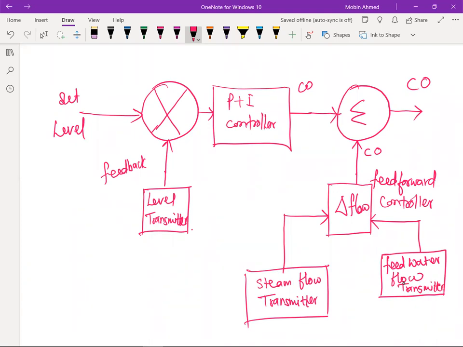Now, whenever the flow of this, we will say Fs is steam, and here we are going to say Fw, that is the water. So if Fs is supposed to be equal to Fw always, if it is going to be equal to this, that means Fs minus Fw is going to be 0.